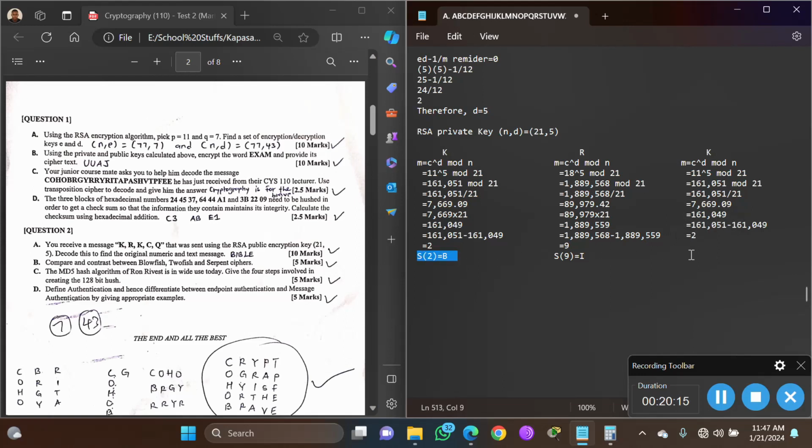So finally we were getting the substitution for that 2 to be B. So there's a step I've missed here. Where is that step?